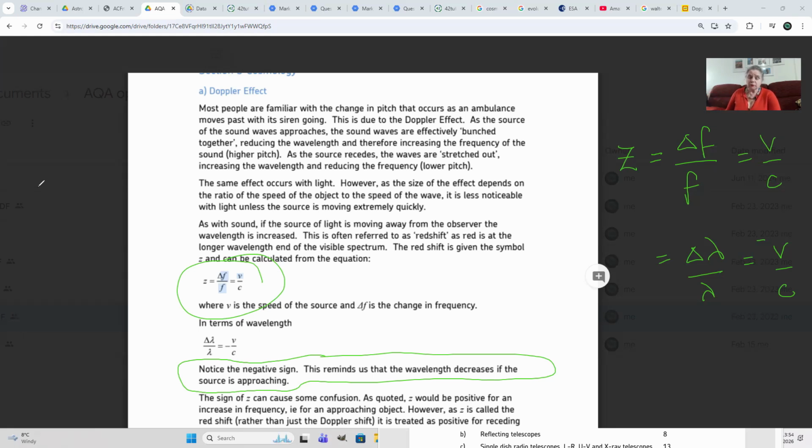Okay, so this is the Doppler effect. Now I want you to notice that this is a fraction, which means that imagine you've got a line spectrum that looks something like this, and this is increasing wavelength. So lambda's getting bigger to the right.